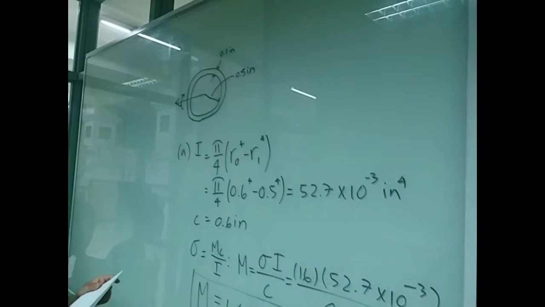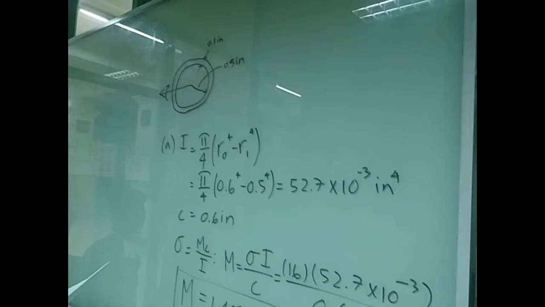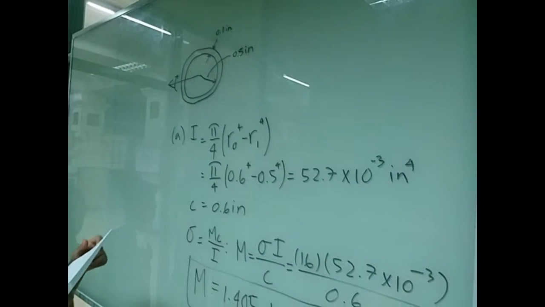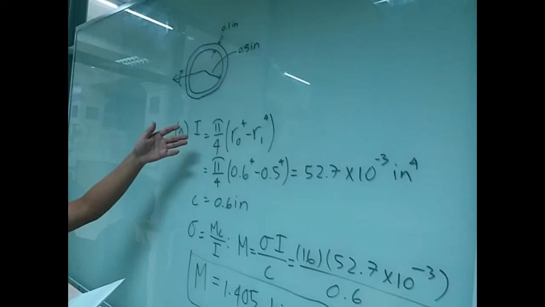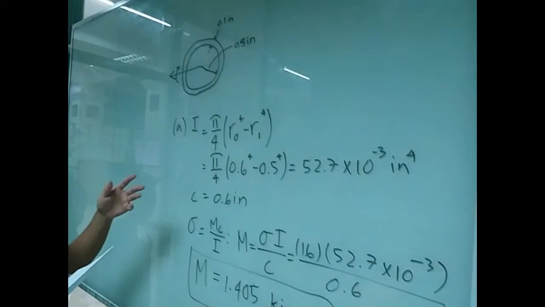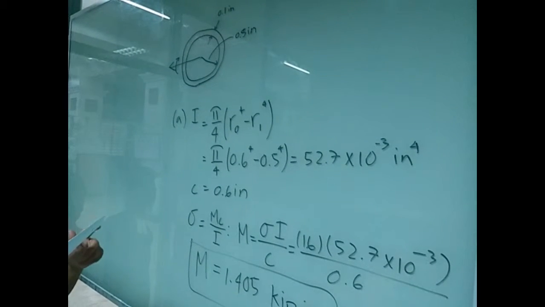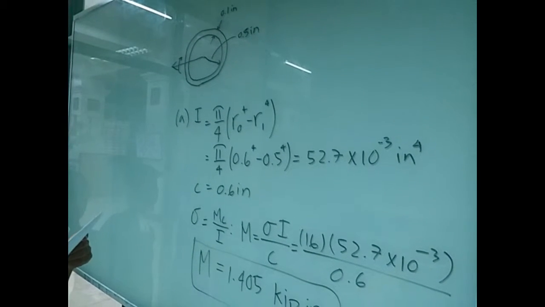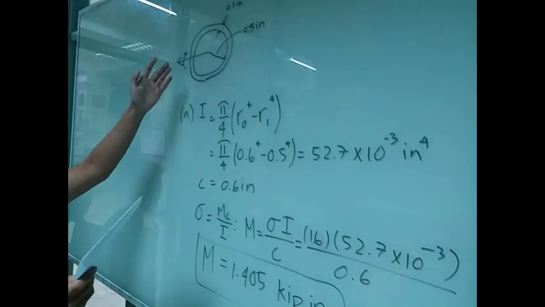In this figure, we will find the bending moment. First, we need to find the moment of inertia of the circle. And we use the formula pi over 4, R raised to 4 minus r raised to 4. Then we substitute the values. Take note that you should be careful in substituting the values. Here, we are using the outer and the inner diameter.